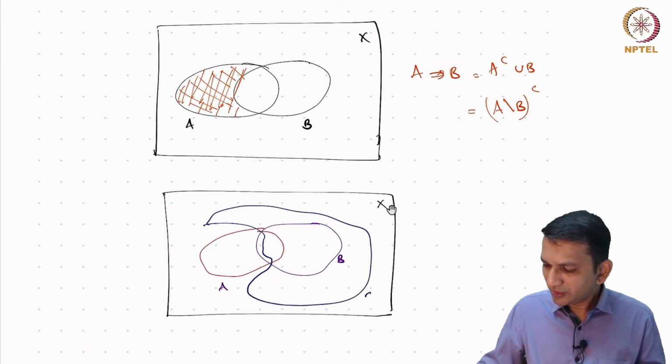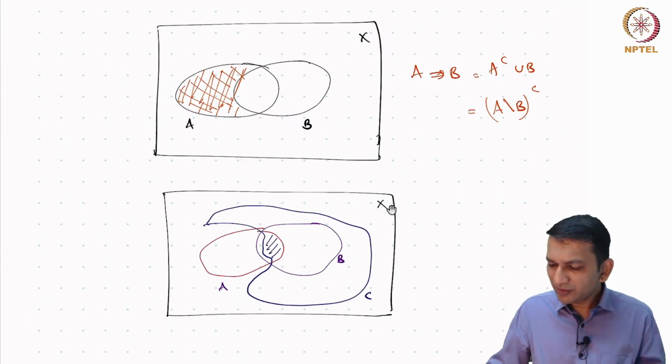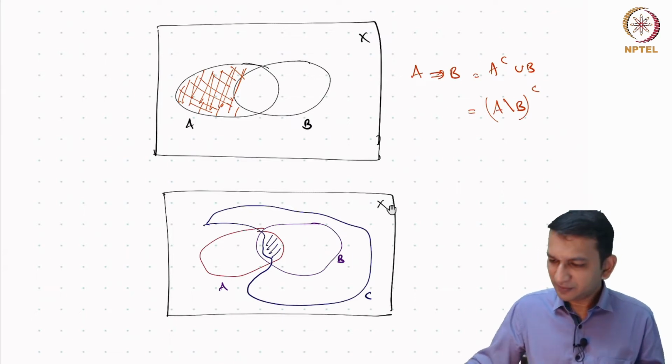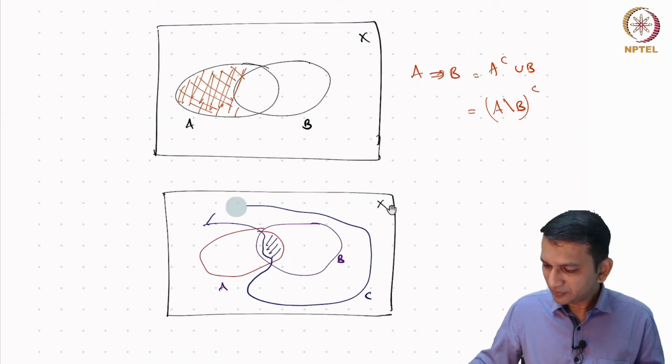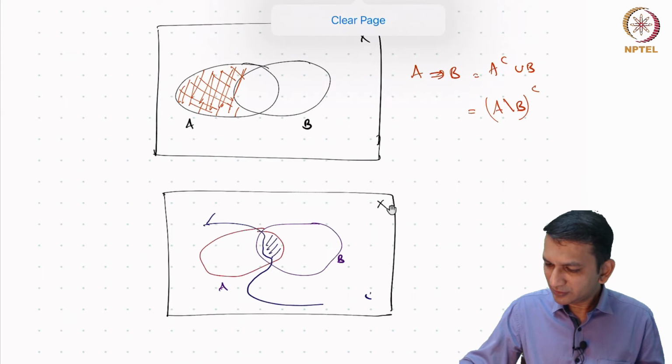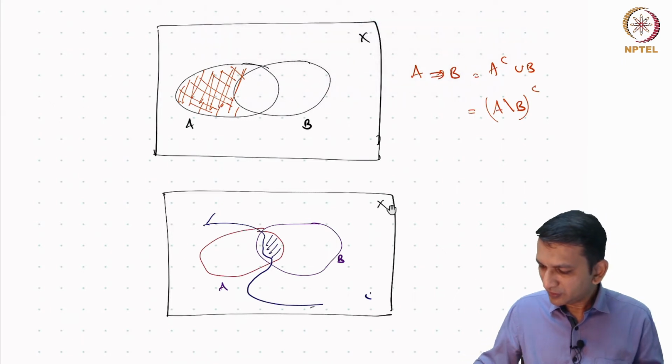Look at its intersection. The intersection with A is this, which is contained in B. So now we can try to blow this C a little further. Why not consider it like this? Take this all the way here and then bring it here.